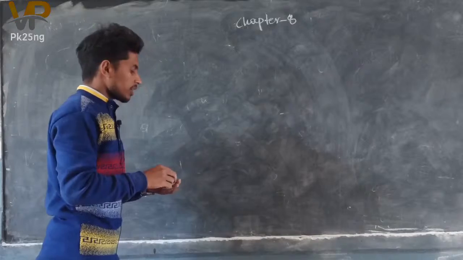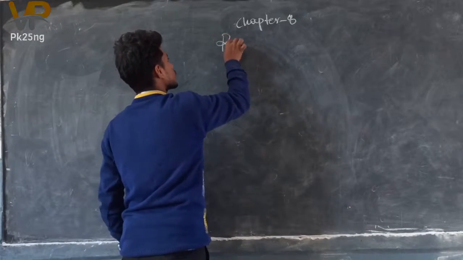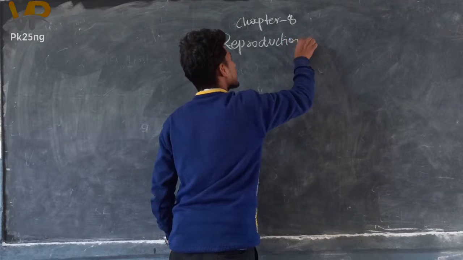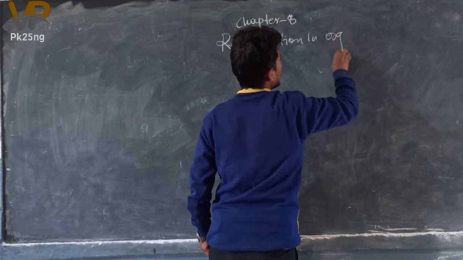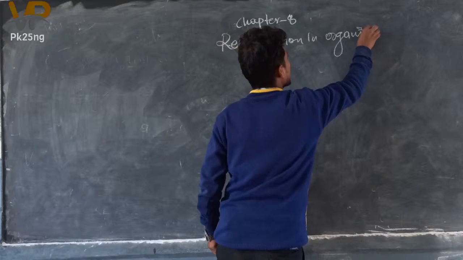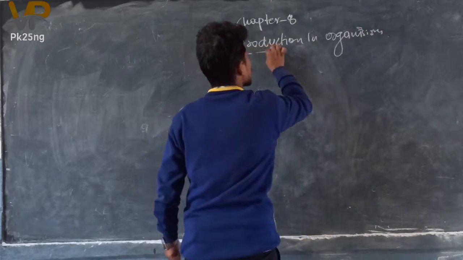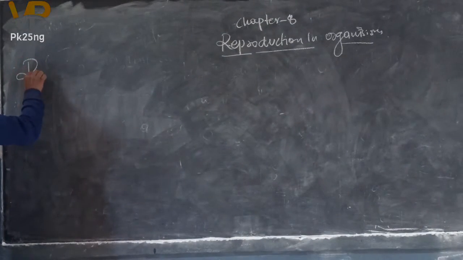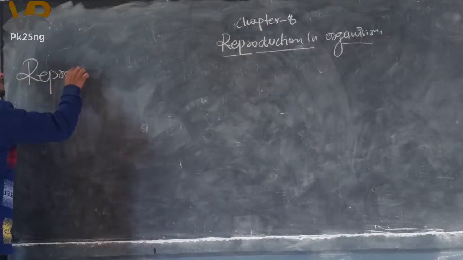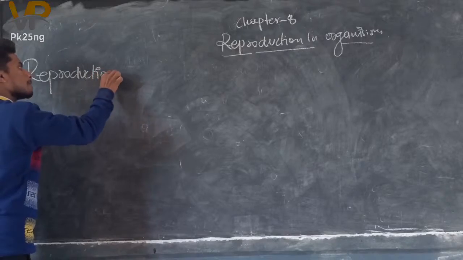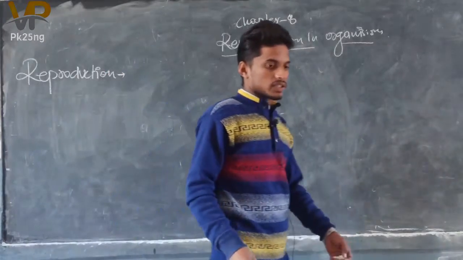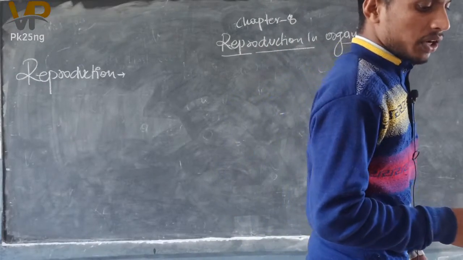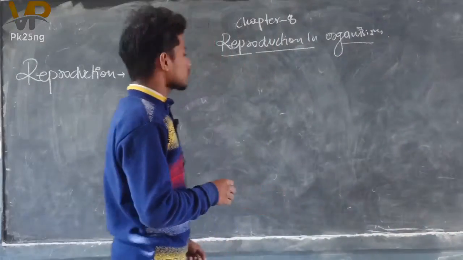Chapter 8, Reproduction in Organisms. First of all we will understand what reproduction actually is.